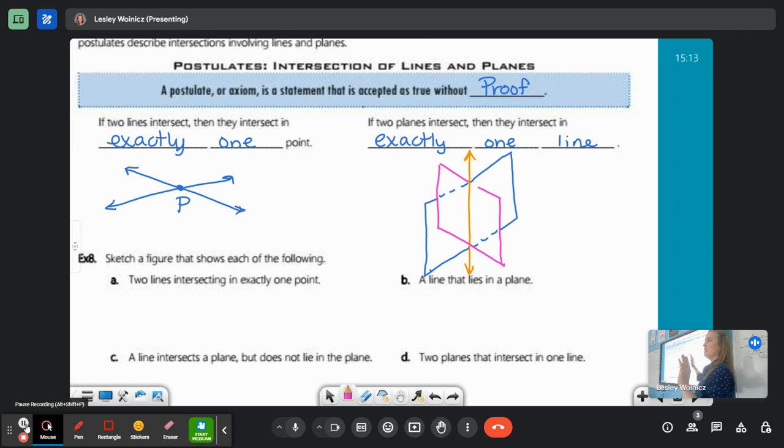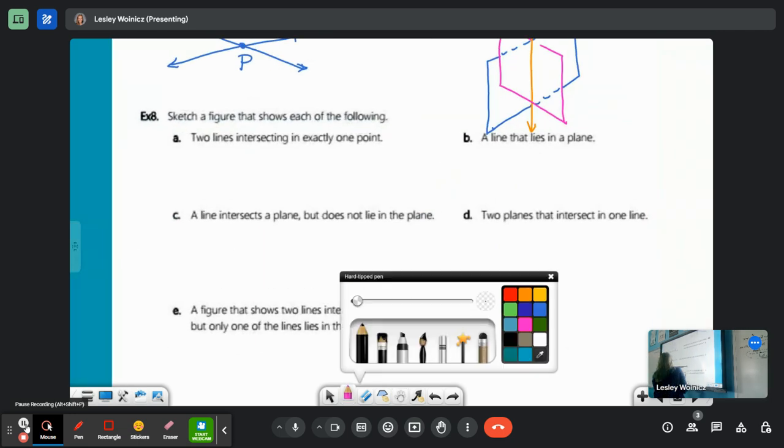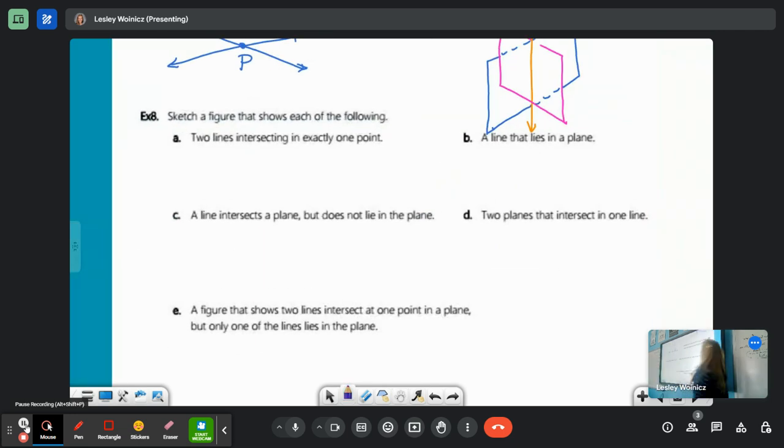Okay, any questions about intersecting in a line? Okay. So we're going to draw some more pictures. We're going to sketch a figure that shows two lines intersecting in exactly one point. Okay, well, we just did that one, so that one's easy. Okay, I'm going to call my point M this time.